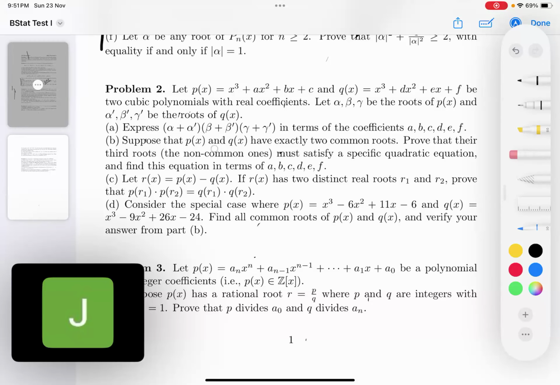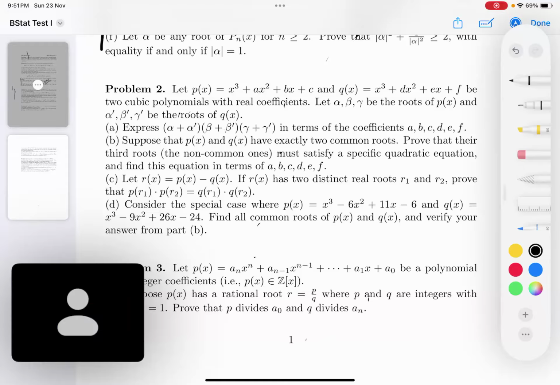When we opened this, alpha plus alpha dash, and this whole thing, we had no idea where the terms had gone, or how to manipulate it in such a way that we can bring A, B, C, D, E, and F into it. We were only able to see that C and F are directly there.